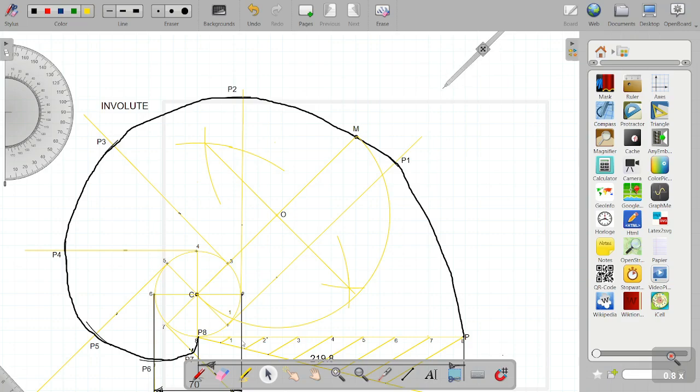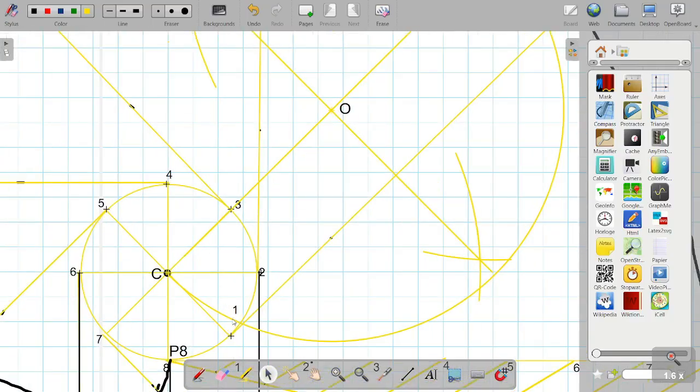Then, wherever this semicircle cuts the circle, this is this point, I'll mark it, this point.